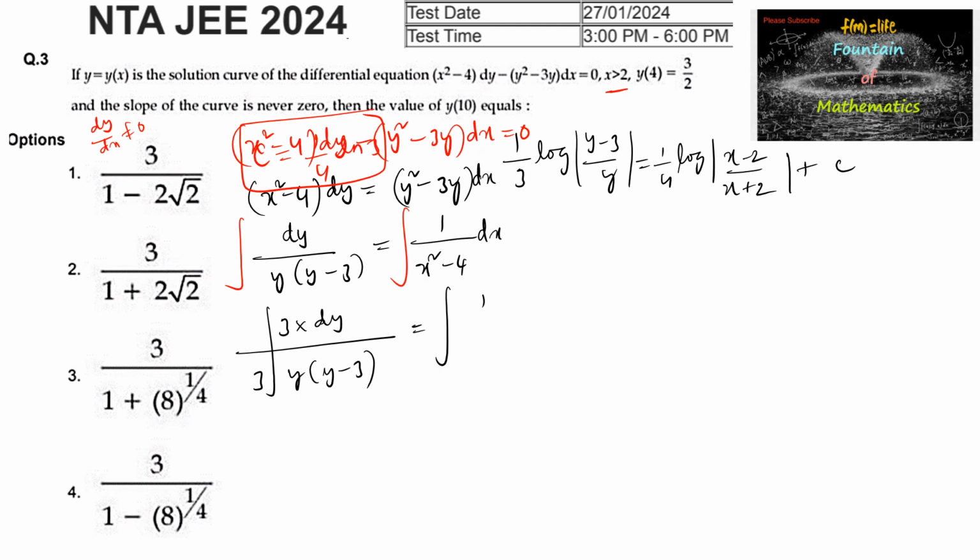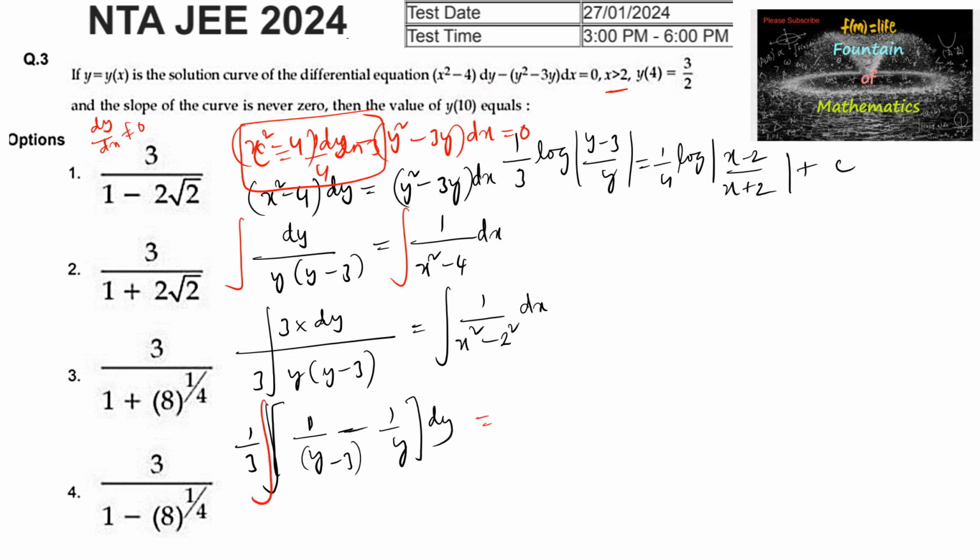On the right side we can write x² − 2² dx. So we can write 1/3, the numerator 3/(y(y − 3)) we can write as 1/(y − 3) − 1/y, dy, is equal to the integral of 1/(x² − a²).